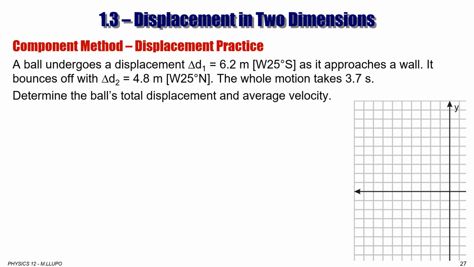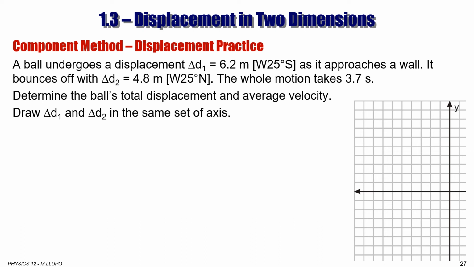If you recognize this, it is exactly what we did using a scale graph diagram. So now we are going to use the component method. What we do is draw ΔD1 and ΔD2 in the same set of axes.